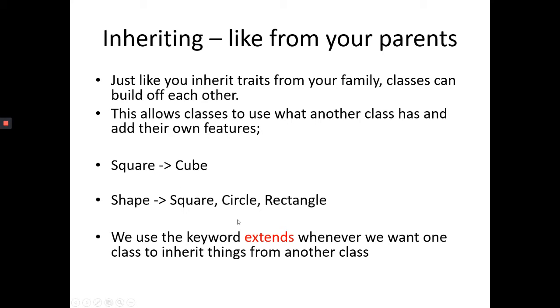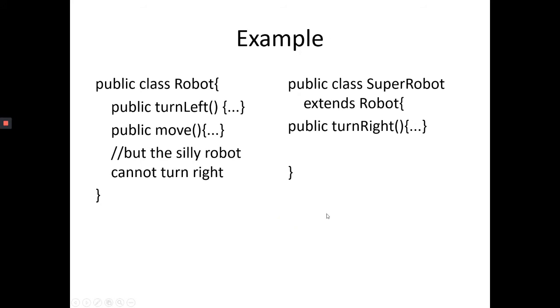There's really just one key word that you need to remember, and that key word is extends. Whenever you want to borrow or to extend another class to inherit its traits, you are going to use this key word. And it's really easy. Here's an example. If I had a public class robot, and this poor robot was able to turn left and it was able to move, but the programmer failed to implement a way of turning right.